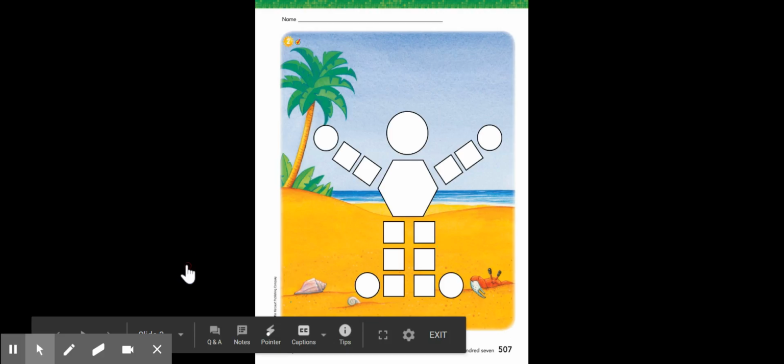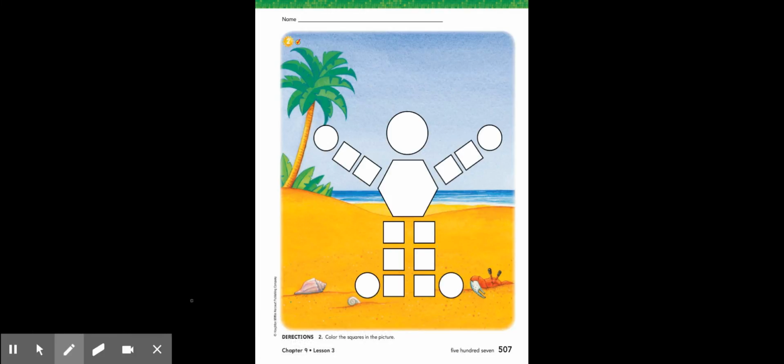Next page before we move on. Perfect. We had Shape Man yesterday. This Shape Man is at my favorite place, at the beach. Today we are not looking for circles, we are looking for his body parts that are square. Right here, I see a square here on this arm. We'll color that in. I'll do my best.